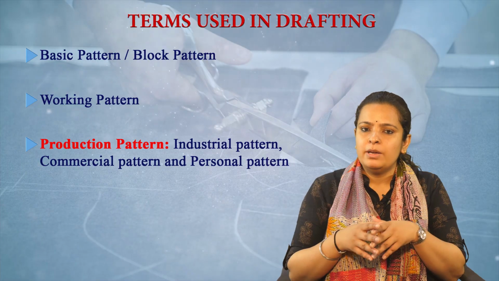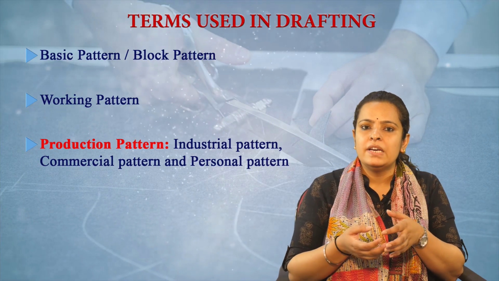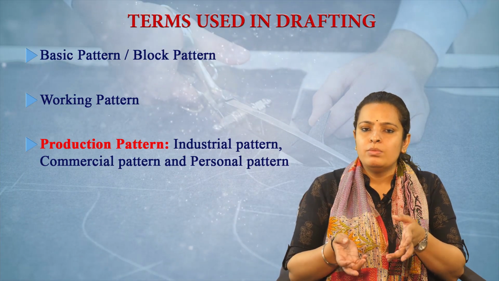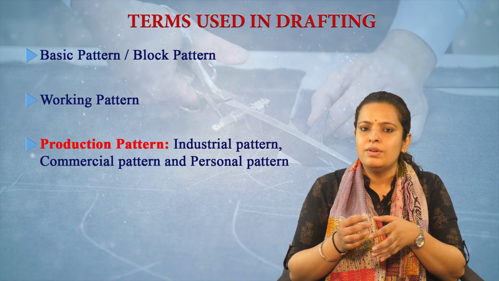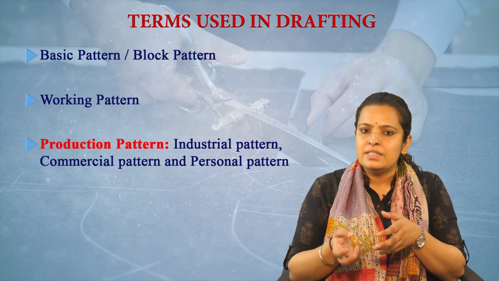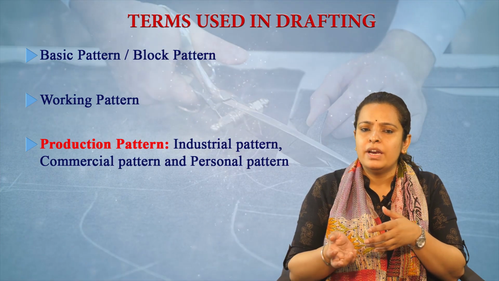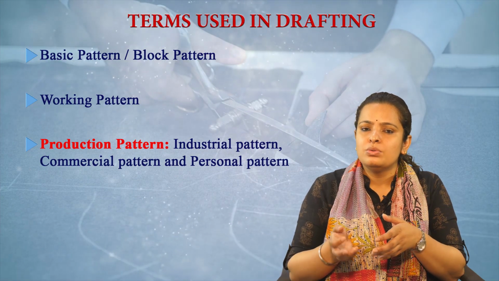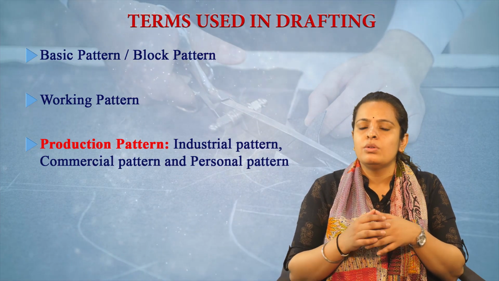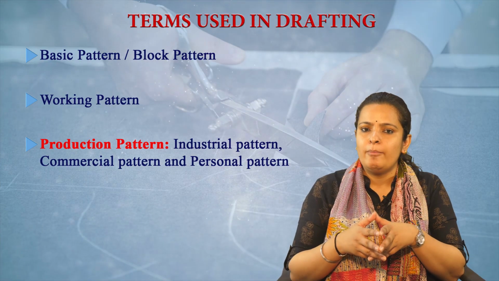Then we have the working pattern, which includes all the creativity, such as how much seam allowance there will be. If we want a particular design, we create it there. If we want to manipulate the darts, we do that there. So that point is called the working pattern.